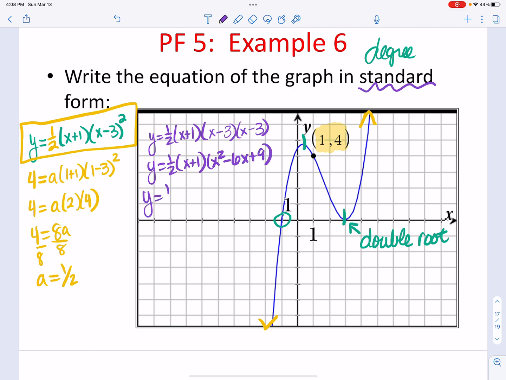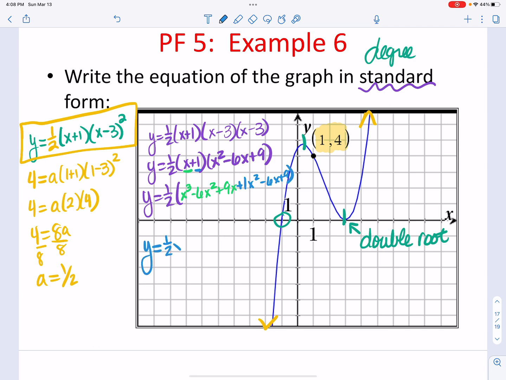And then I'm going to multiply by the x plus 1. So I'm going to multiply in by the x. That's x cubed minus 6x squared plus 9x. And then I'm going to multiply in by the 1, plus 1x squared minus 6x plus 9. And then I'm going to put like terms together and divide by 2.